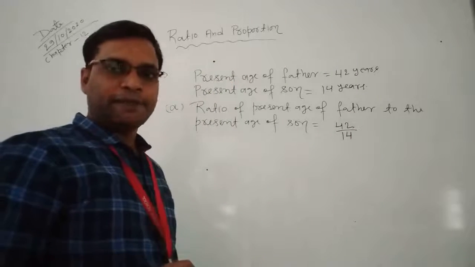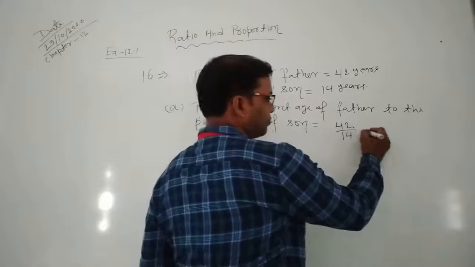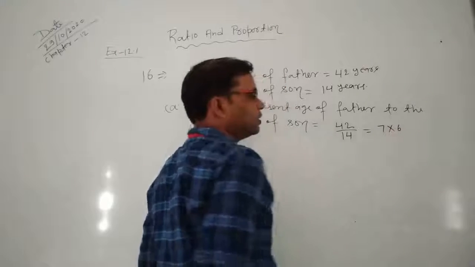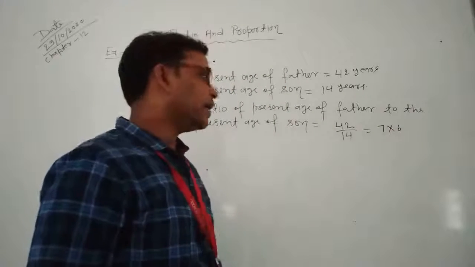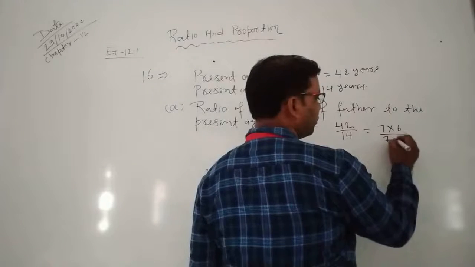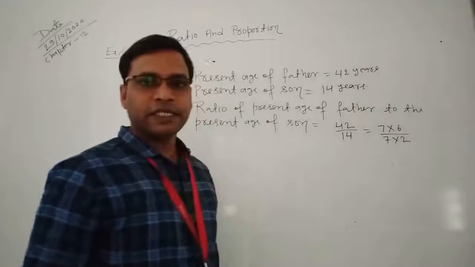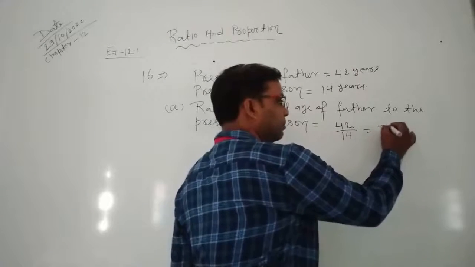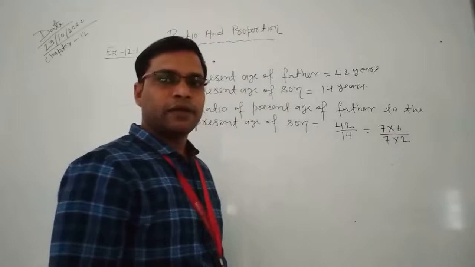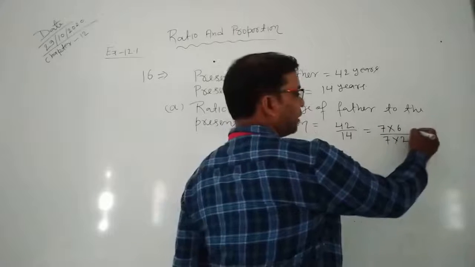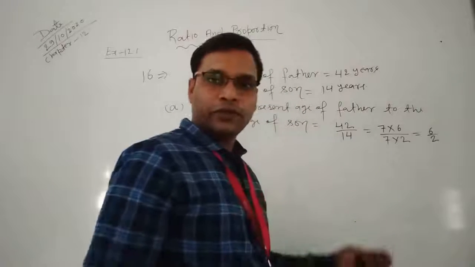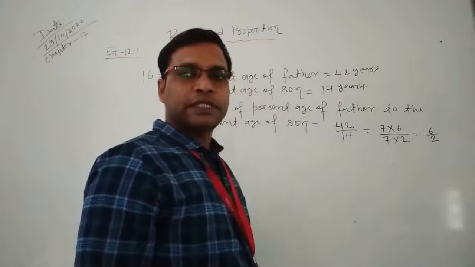So you can simplify it. 42 is equal to 7 into 6, since 7 sixes are 42, and 14 is equal to 7 into 2. Clear? Now you can see here 7 is common in numerator and denominator, so 7 will be cancelled. Then you have 6 by 2, or you can also see here 2 threes are 6.